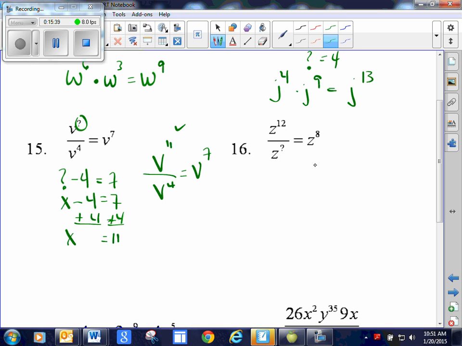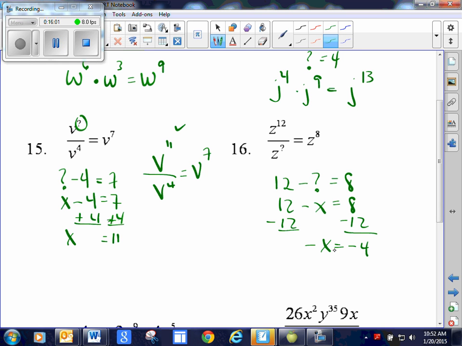Now more like this. So 12 minus what number is going to give you 8? Let's make an equation out of it. So subtract 12 from both sides. And we get minus x is equal to minus 4.